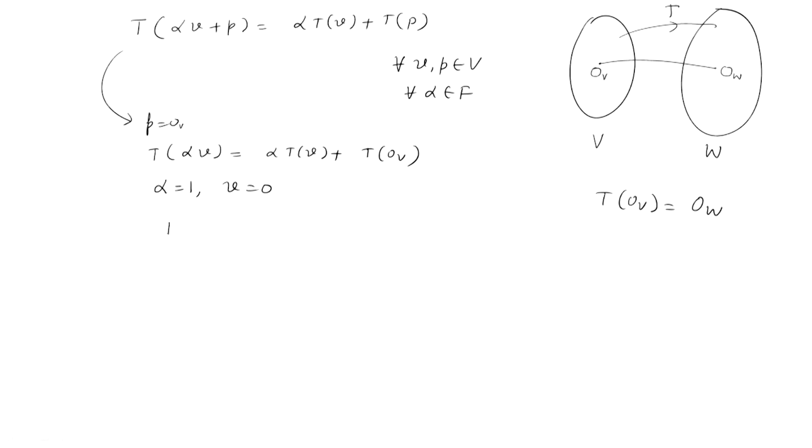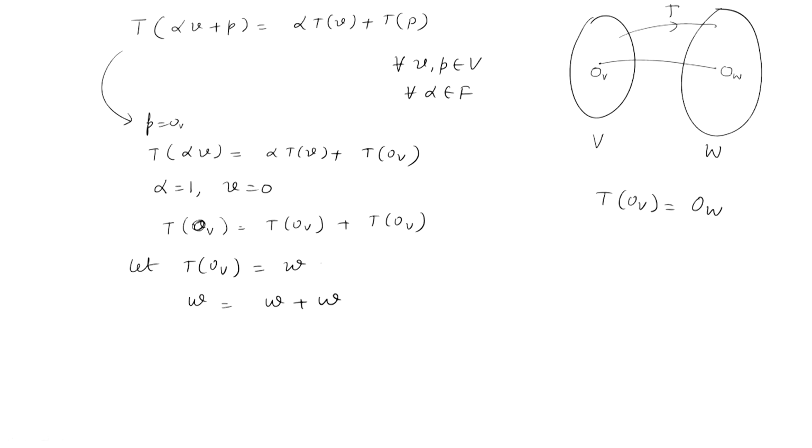So, now we obtain 1 dot V is always V. So, V is 0 here, 0 of V, which is equal to 1 dot T of V, which will be T of V, and V is 0. So, it is T of 0 V plus T of 0 V. So, let T of 0 V be W. So, we are obtaining W equal to W plus W.